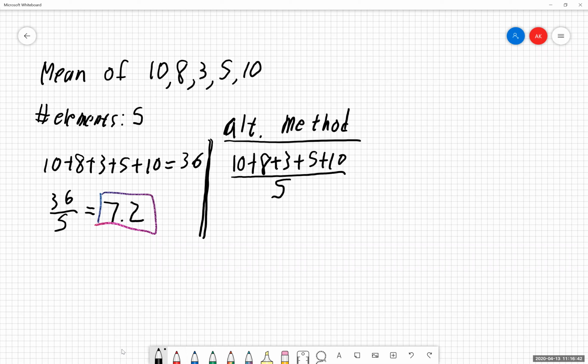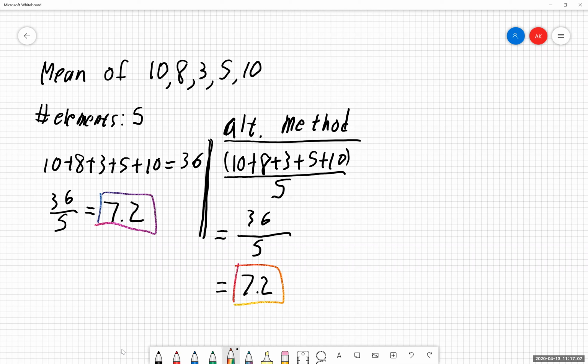And if you wanted to, you could put parentheses around the numerator, optionally. And then from here, we're applying PEMDAS. I want to simplify the numerator. It's going to give me 36. The denominator stays as 5. 36 divided by 5 is 7.2. You can use your calculator for that as necessary, and you get your answer.